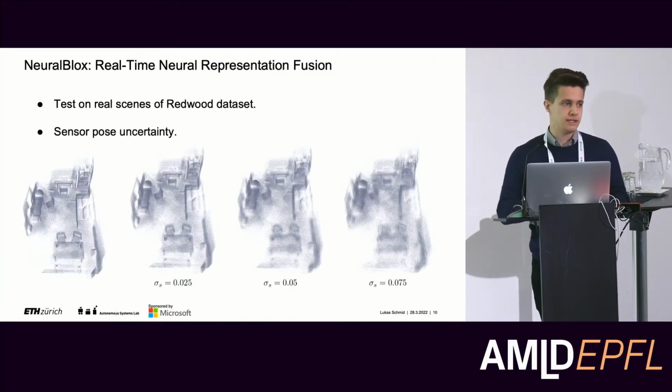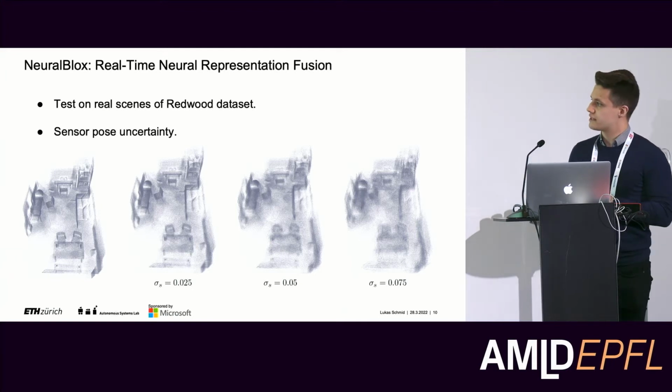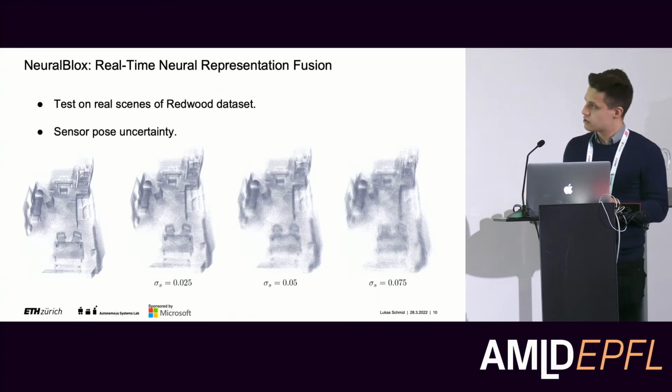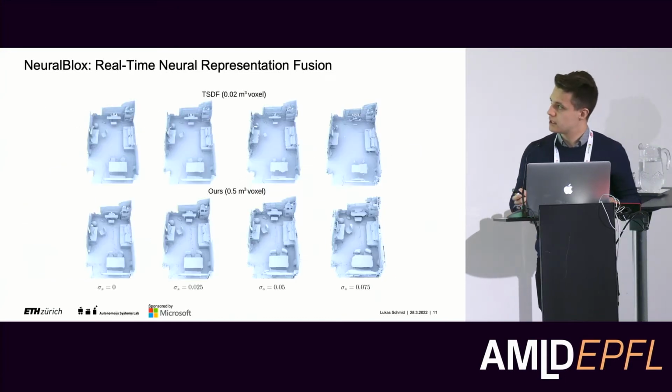And we did train this all on synthetic data, or the spatial representation is trained on synthetic data, and then the fusion is trained on real-world data, but without the addition of noise. And then we add noise to the poses with different magnitudes, and this is essentially what our test data looks like.